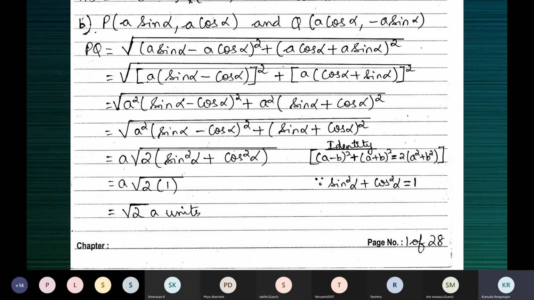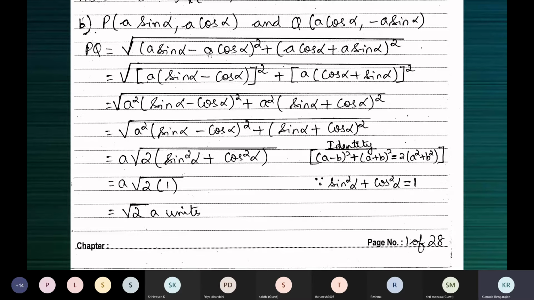It's okay. Anybody else want to say? Root of the difference of the x axis, the whole square, plus the difference of the y axis, the whole square. Okay, we'll say y coordinates. Very good, very good. Okay, children.